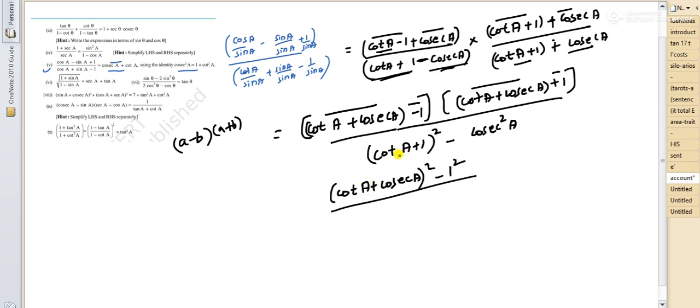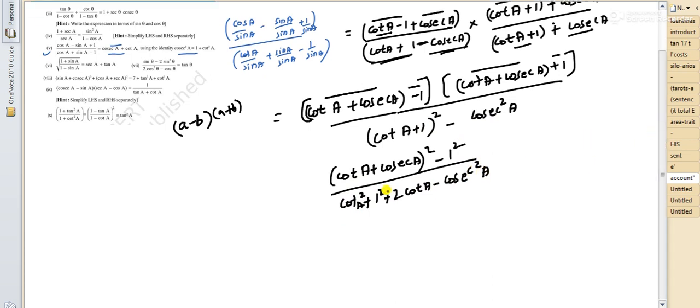What is this? What is cot A plus 1 whole square? So we have the formula A square plus B square plus 2AB, right? So I'll write it here, A square plus B square plus 2AB, 2 into 1 into cot A, minus this is already cosec square A. So on solving this, see what we will get.